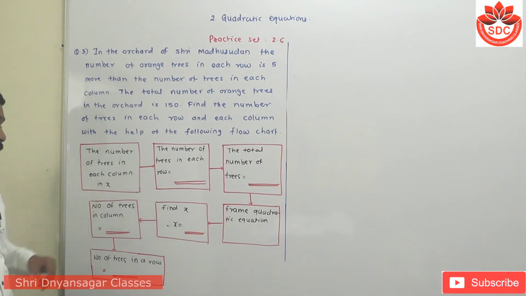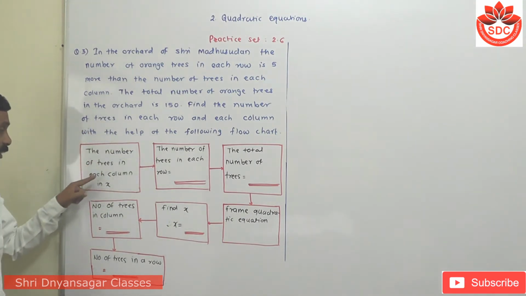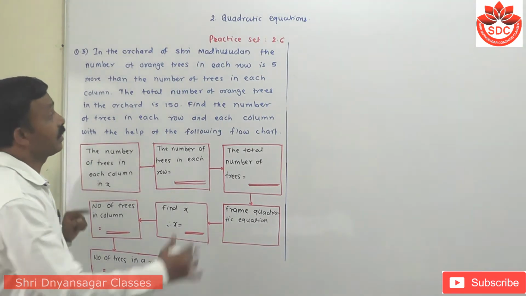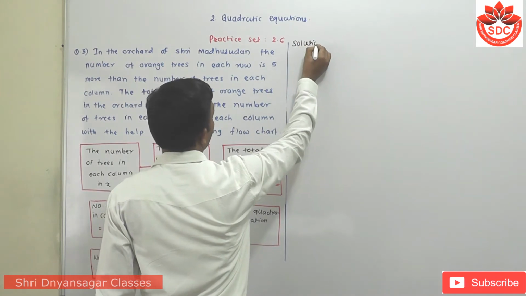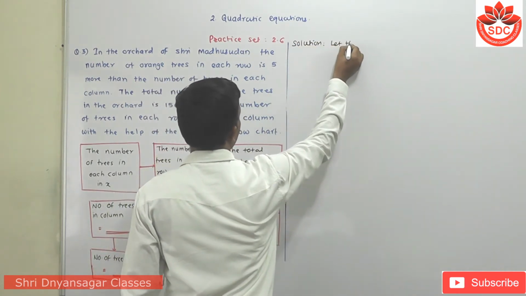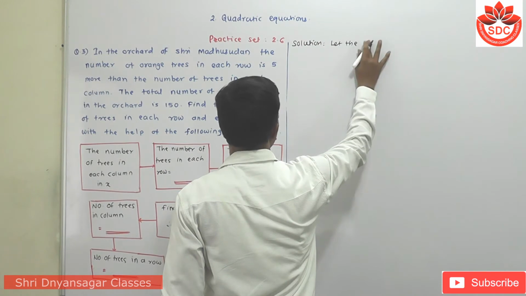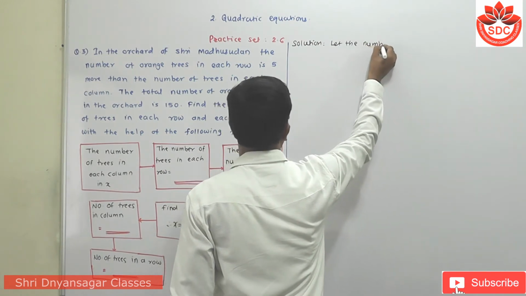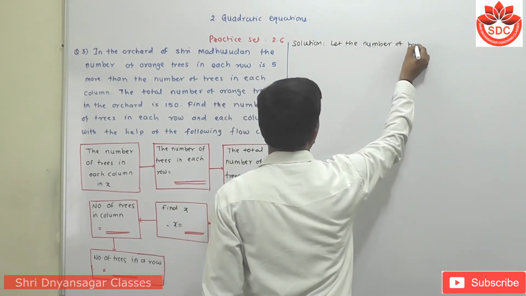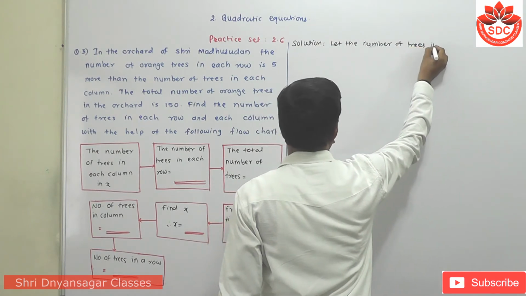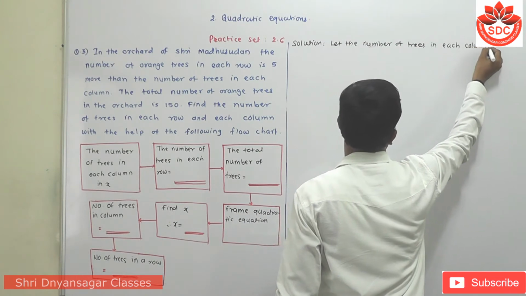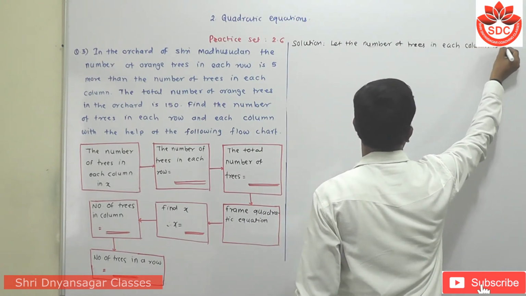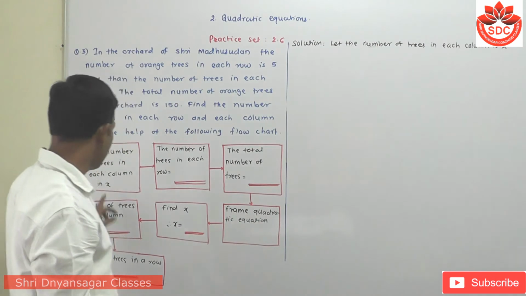Now student, here a chart is given. I have written its solution also. Here the number of trees in each column is x. Okay, now its solution. Let the number of trees in each column be x, which is given here as x.